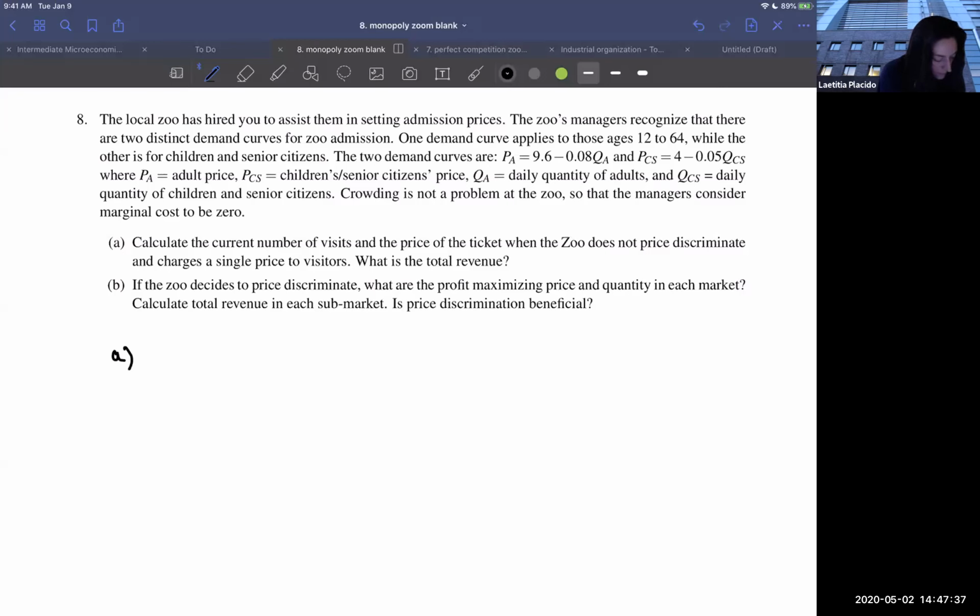So here we have the two demand curves. If the monopolist charges a single price, he will behave as if he was facing a single demand curve. So we will need to aggregate these two demand curves before we apply the marginal cost equals marginal revenue rule. Let's first aggregate the two demand curves.